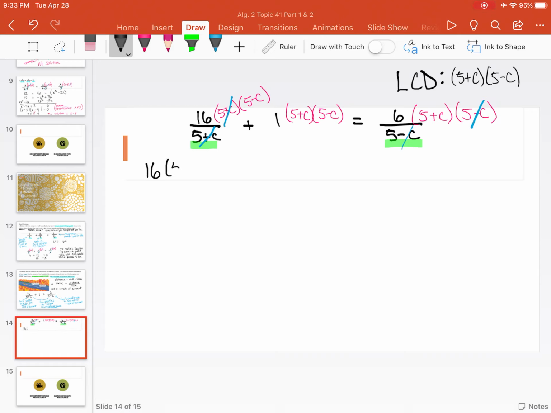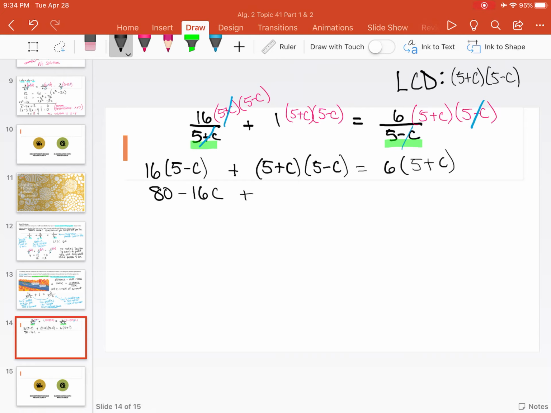So what we're left with is 16 times 5 minus c, plus 1 times 5 plus c times 5 minus c, equals 6 times 5 plus c. So our denominators have just simplified to 1. We can quickly multiply this. 16 times 5 is 80 minus 16c plus, now this is just a difference of squares, so we have 25 minus c squared, and that equals 30 plus 6c.